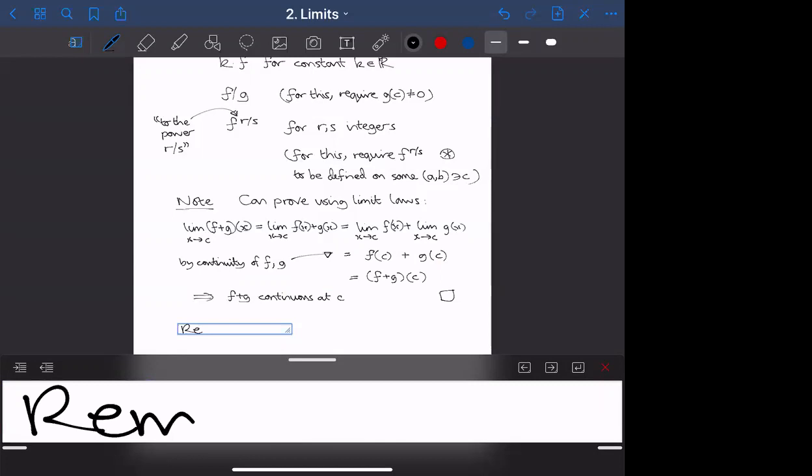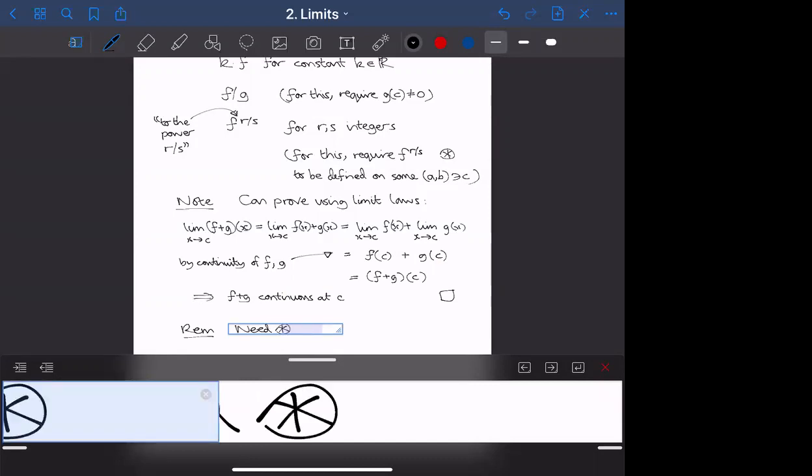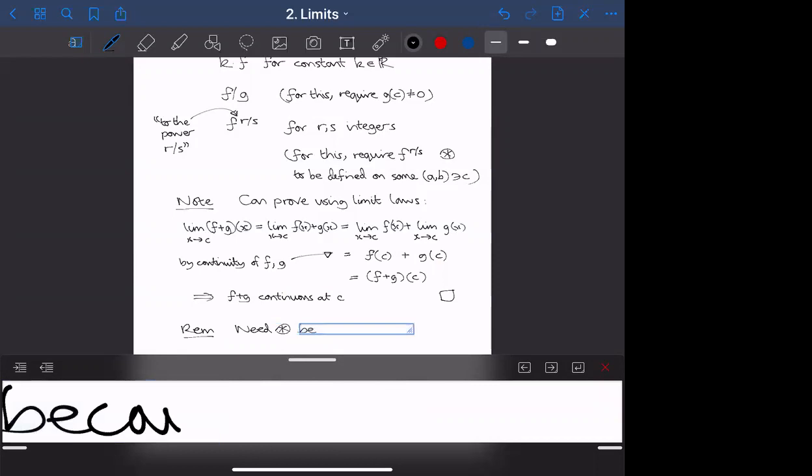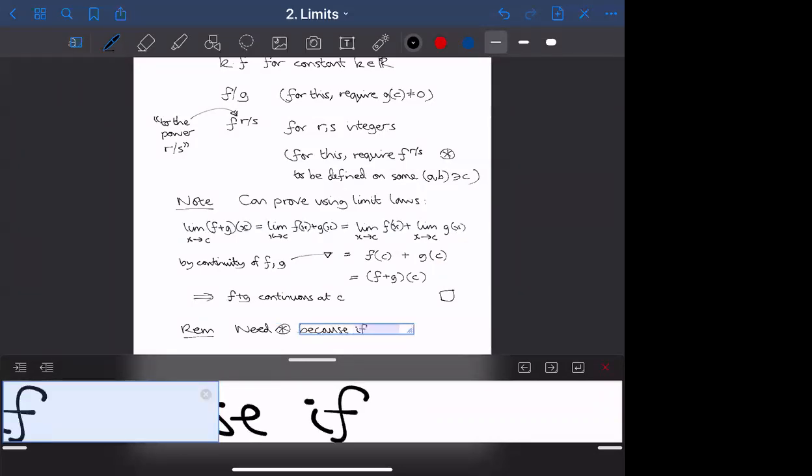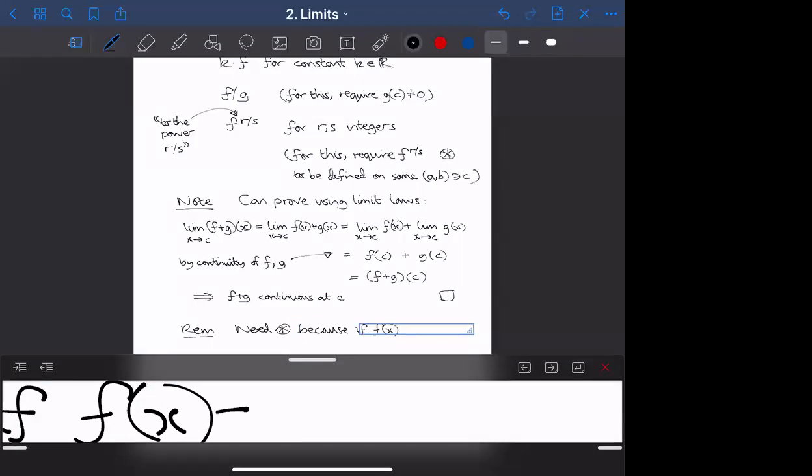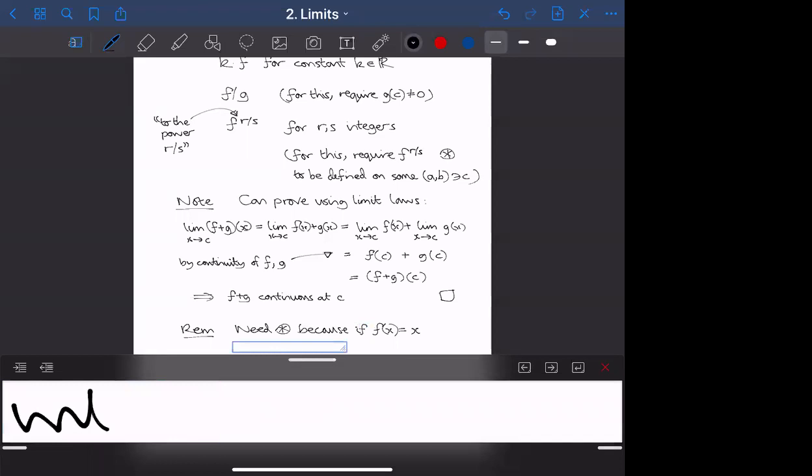Okay, so remark, we need this condition star because if f(x) equals x, and I take the limit with c equals 0, then 1 over x, so I guess I need to say what r and s is.